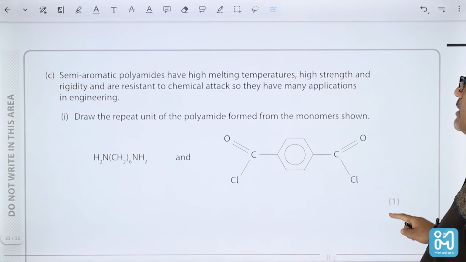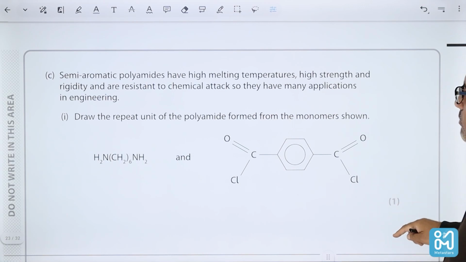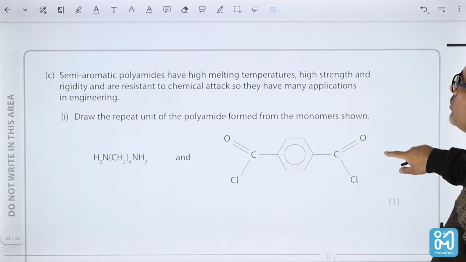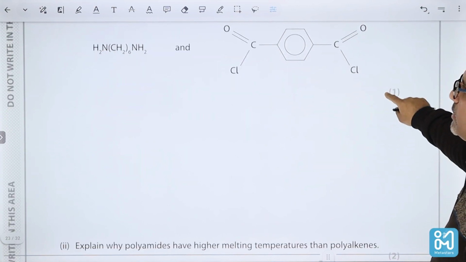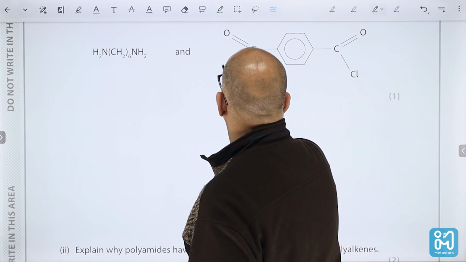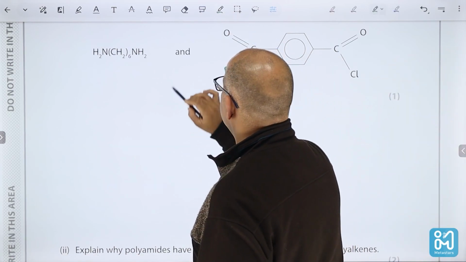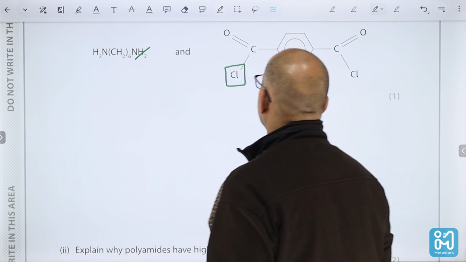Draw the repeat unit of the polyamide formed from the monomers shown. Okay, it's very easy. You will combine the two monomers with each other. So you will see that this one was cancelled and here one hydrogen was removed.